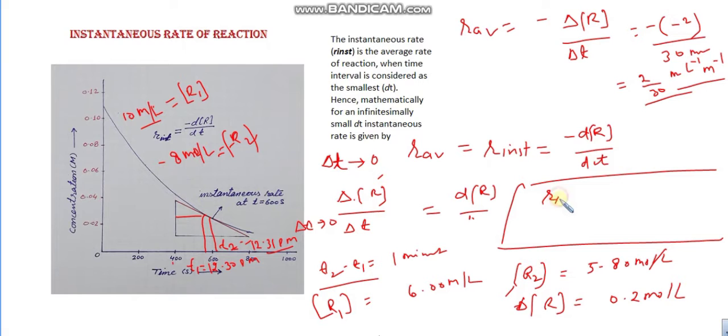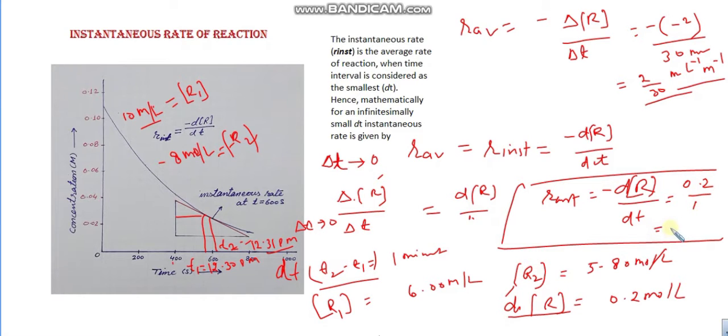So the instantaneous rate is equal to del R upon del T. So it will be 0.2 upon 1.